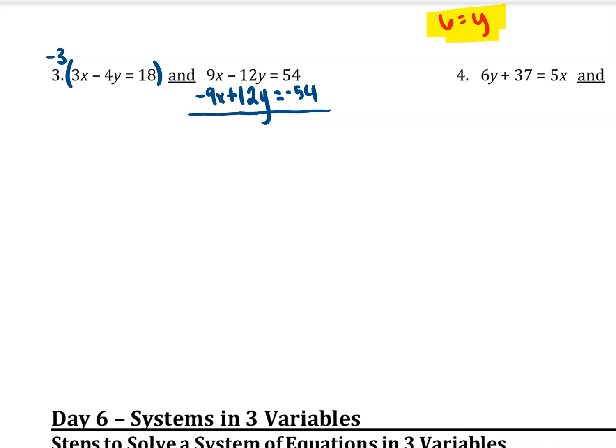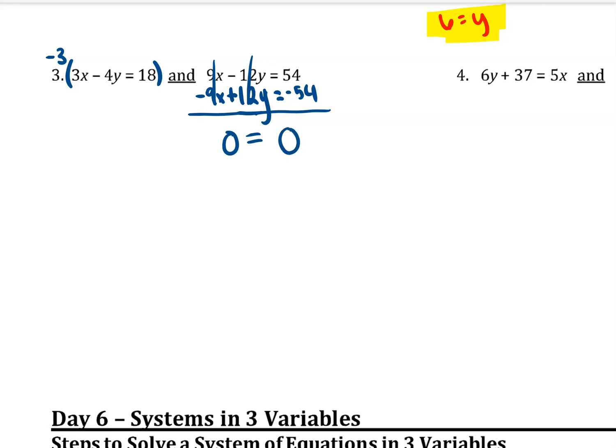Anytime both of these variables end up canceling out, which it looks like that's what's going to happen, you're either going to get one of two options, either all real numbers or no solution. And the way to determine that is to look at what you have left in the equation. So when we combine that, that's also 0.